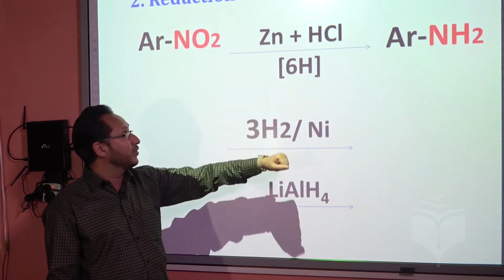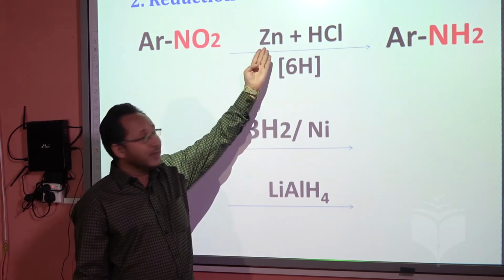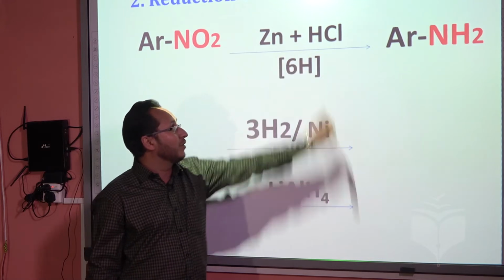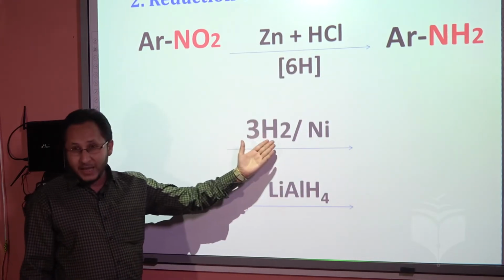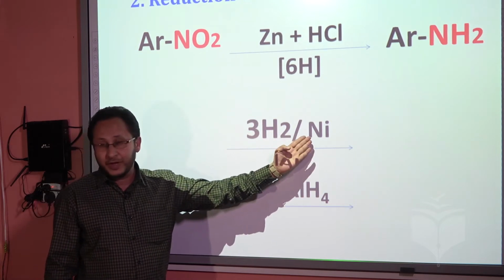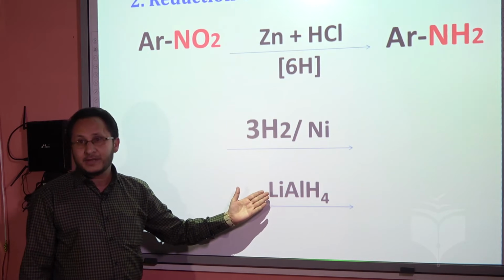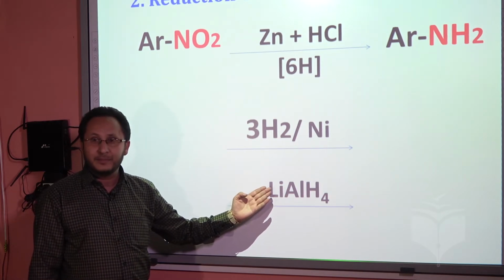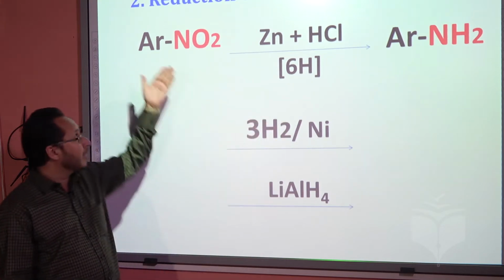The active hydrogen is produced in the same reaction by adding an active metal to hydrochloric acid. Or you can use hydrogen in the presence of nickel as a catalyst. Or you can use another substance, we call it lithium aluminum hydride. In all of them, the reaction is the same.